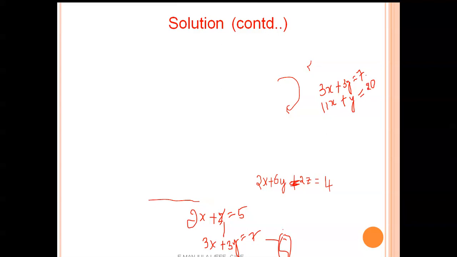Okay, put this down above. Now what you do is multiply this by 3, the total part. Then what you'll get is 33x plus 3y is equal to 60.